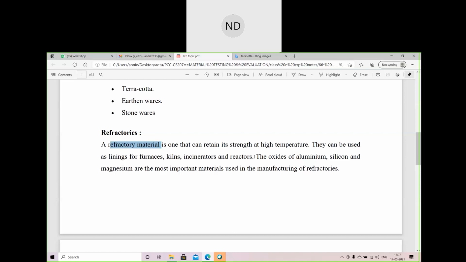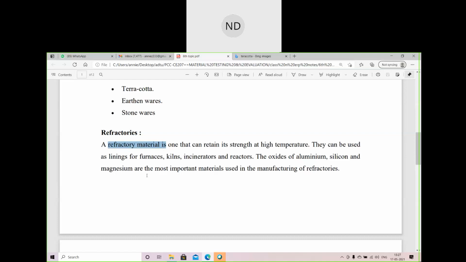So what is the use of this refractory? Since I told you, these refractory materials are resistant to decomposition by heat. They cannot be affected at very high temperatures or pressures or any chemical attacks.